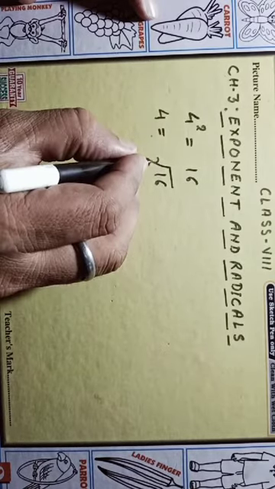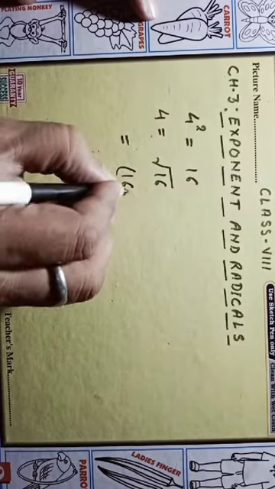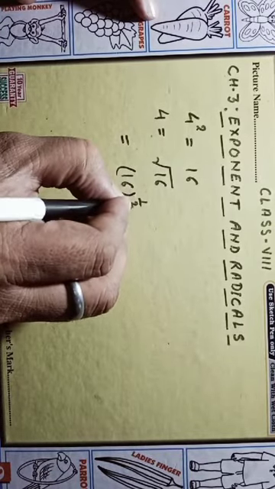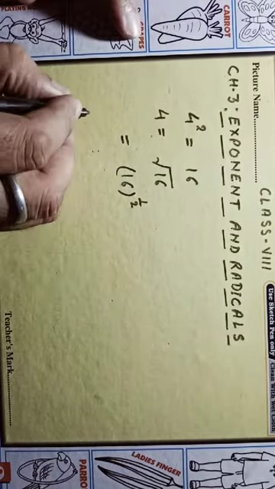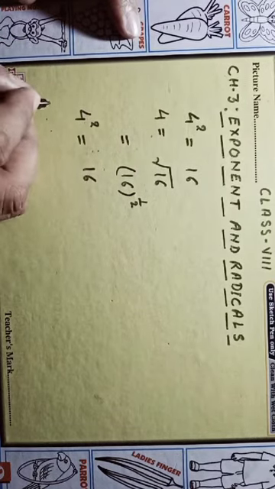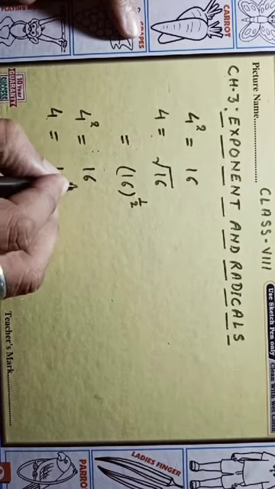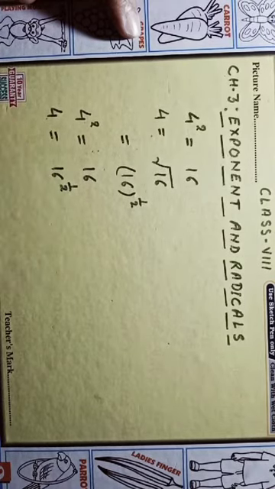Now under root 16 will be written as 16 to the power 1 by 2. Meaning 4 squared is equal to 16, then 4 will be equal to 16 to the power 1 by 2.